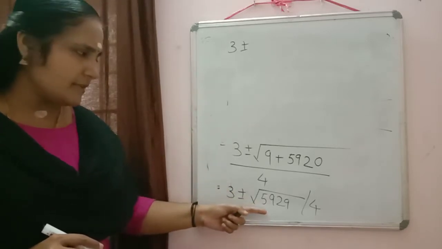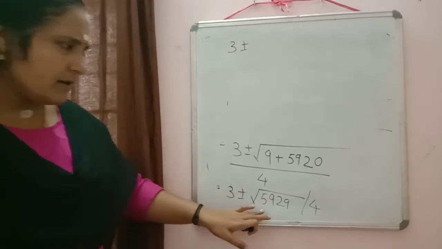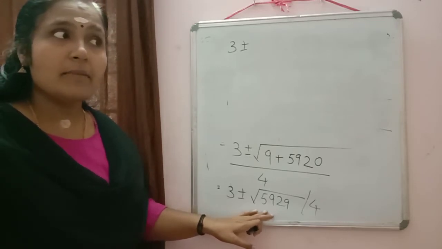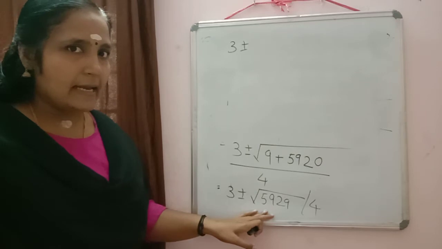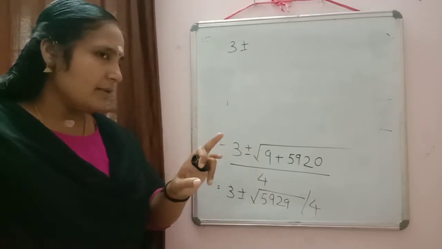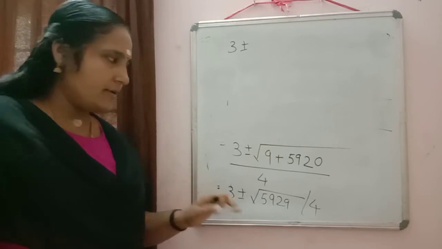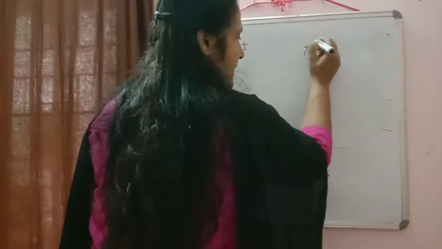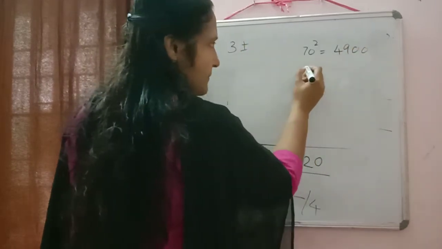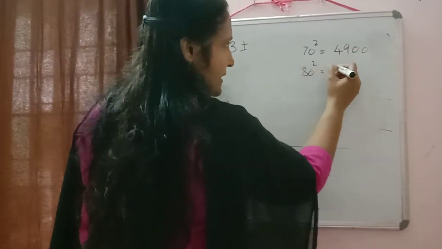If it is difficult for you, just check what is 70 square. 70 square will be equal to 4900, and 80 square will be equal to 6400. I am just showing you how we can check it out.